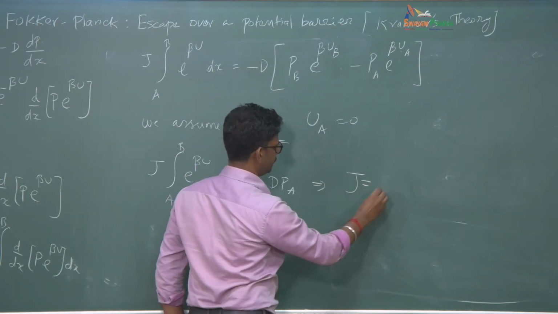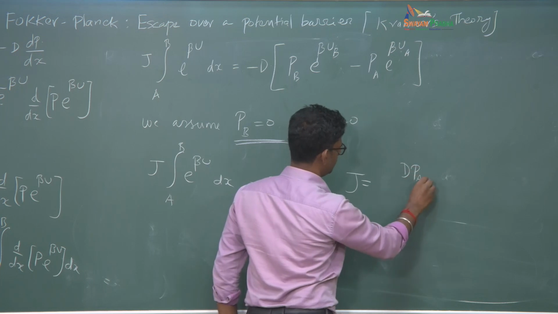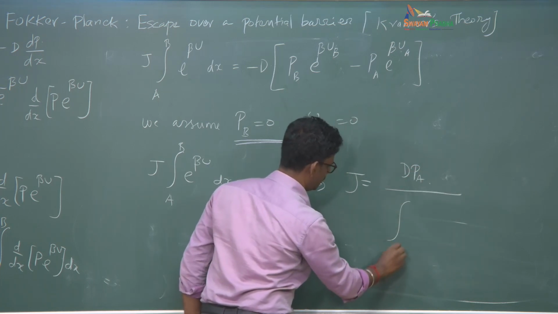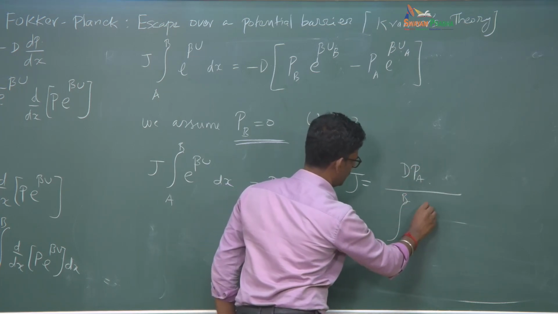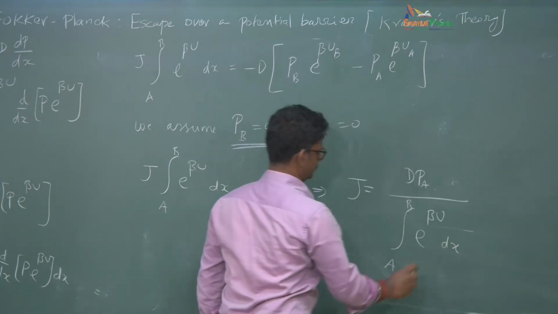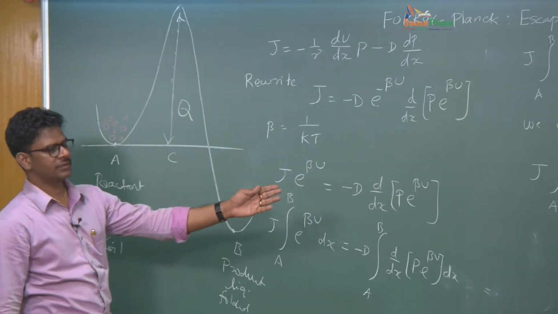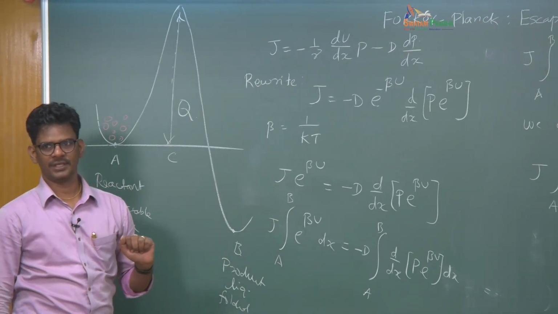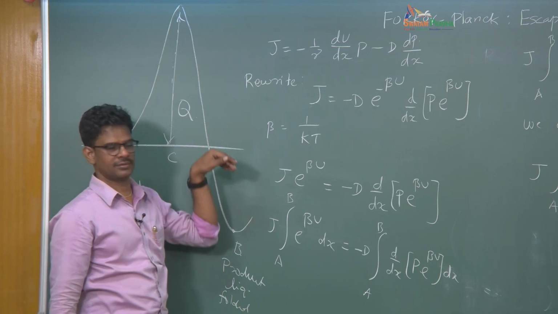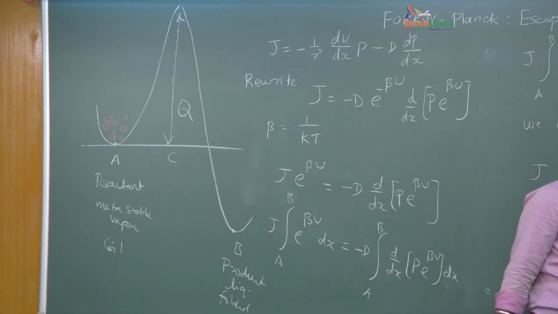So we get the flux as D Pa divided by the integral from a to b of e power beta u dx. Now, we need to specify the functional form of u, only then can this integral be calculated.